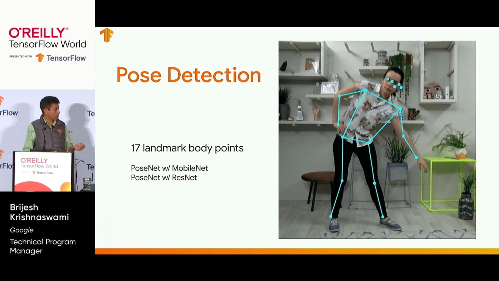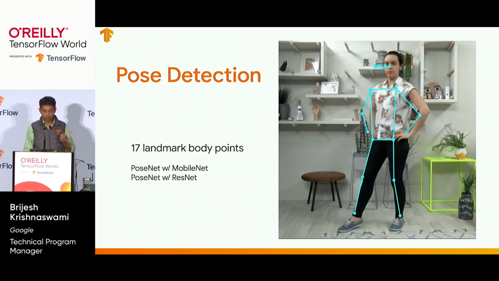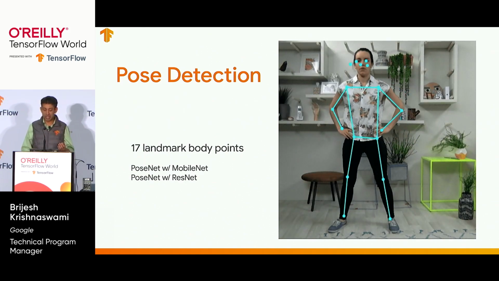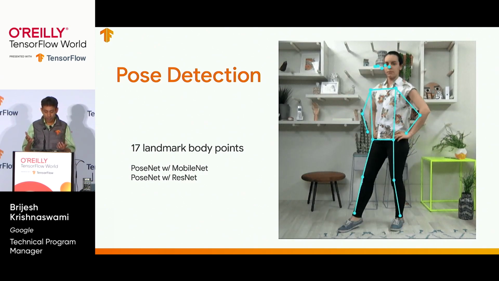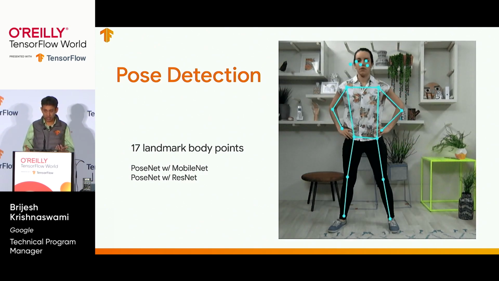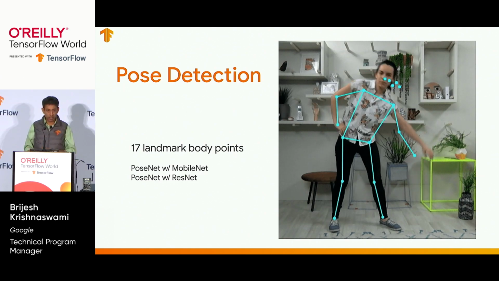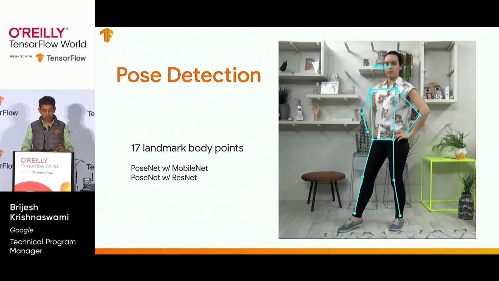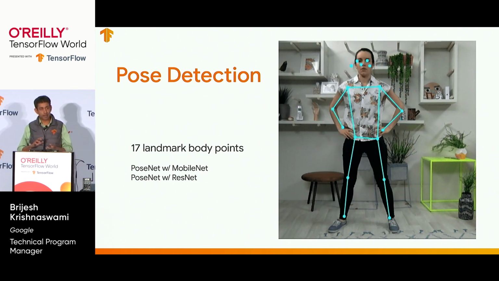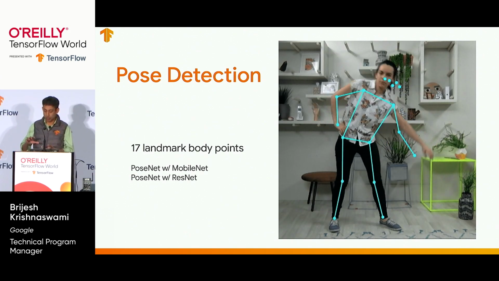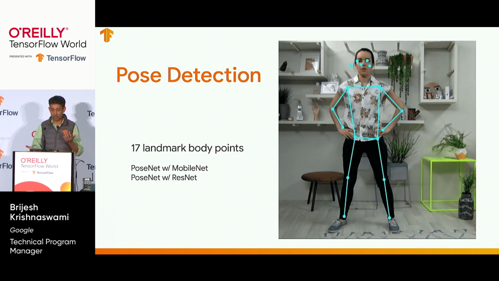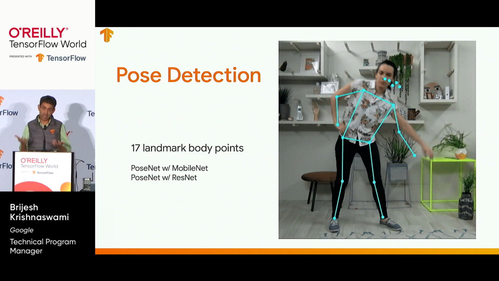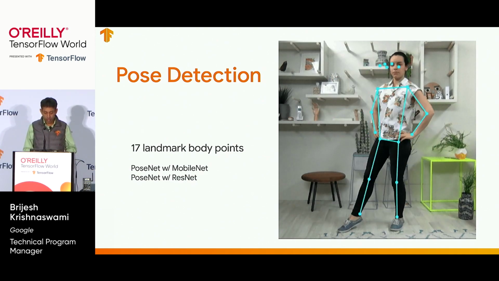This is the PoseNet model. It performs pose estimation by detecting 17 landmark points on the human body. It supports both single person and multi-person detection within an image. There are multiple versions of this model, versions that are backed by MobileNet and those backed by ResNet, that provide options for balancing accuracy versus model size versus latency, depending on your needs.